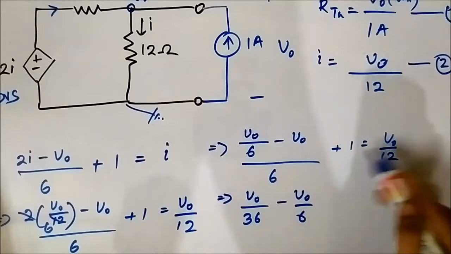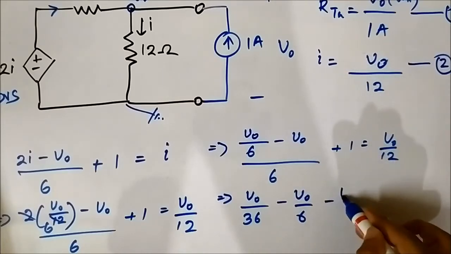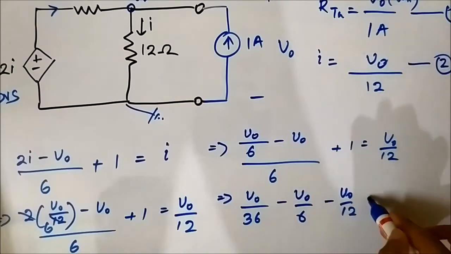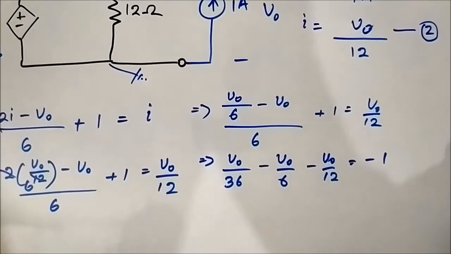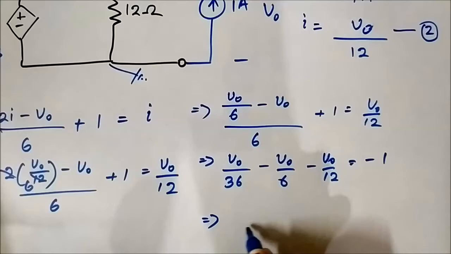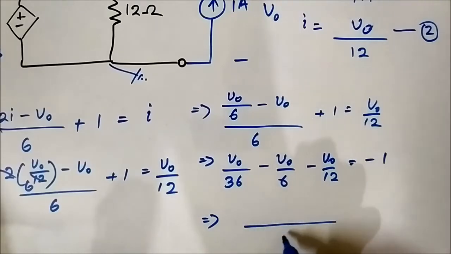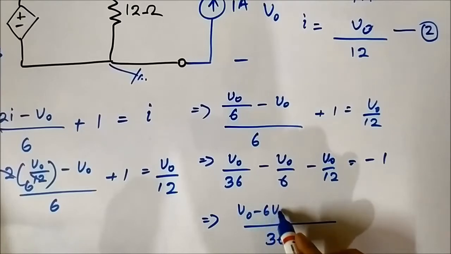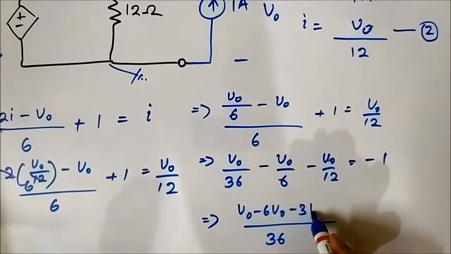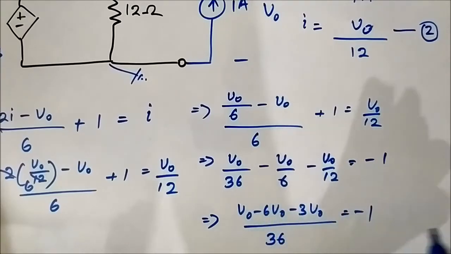If we take minus V0 to this side it will become minus V0 by 12, and 1 on the right hand side will become minus 1. Now taking LCM as 36, V0 minus 6V0 minus 3V0 is equal to minus 1.